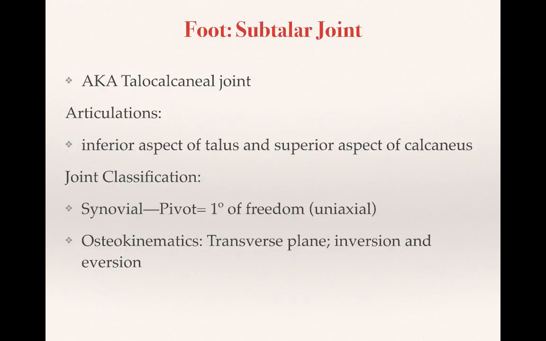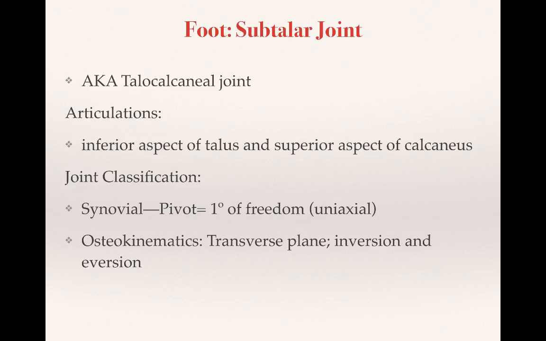So as we move down the foot, we can start naming other joints that are also responsible for how the foot and the ankle function together for normal activities. The first one at the foot is the subtalar joint, also sometimes referred to as the talocalcaneal joint, but certainly subtalar is going to be the more common name you'll hear.